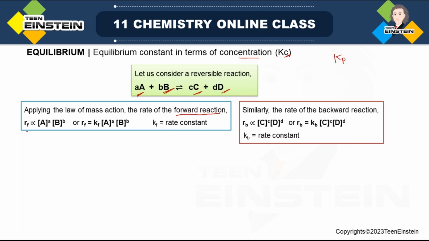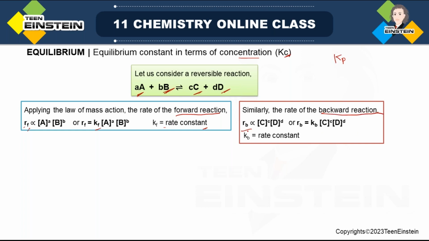So for the forward reaction, small r is the rate, and f as subscript means forward. It is proportional to [A] to the power a, [B] to the power b. Now if you remove this proportionality sign, there will be a constant Kf, and we are calling it the rate constant. Now the same thing you can do for the backward reaction also.